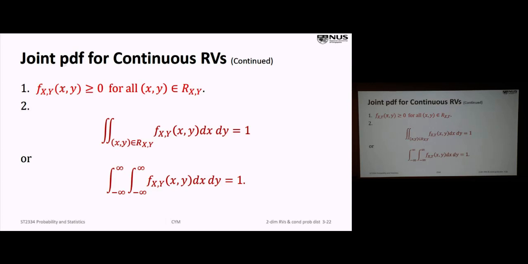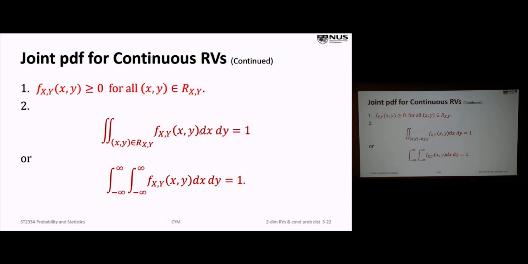But first of all, just a remark: the function is non-negative for any pair of points x and y which lie in the region R of x, y. So this is the range of values of the random variable x and the range of values of y simultaneously. Okay, so it's a non-negative function. It must integrate to 1.